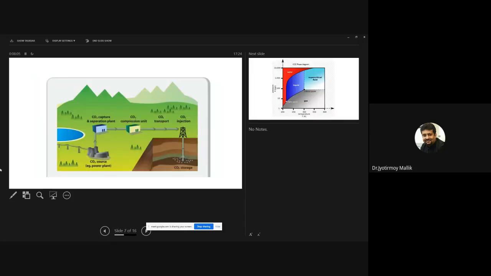Now this is what happens in carbon capture and storage, of course. This is a CO2 source. This could be, for example, a power plant. Of course, a coal-fired power plant will emit more CO2, right? And what do you see in a normal power plant?